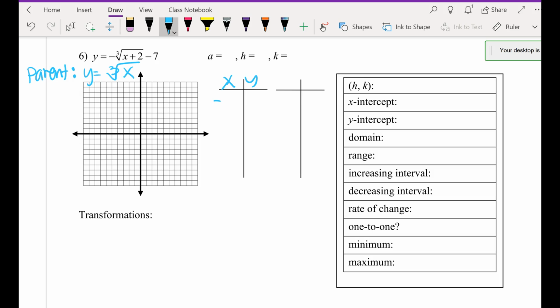So, all 5. So for the parent, what are the 5 inputs and outputs? So do you mean like the second one? No, for the parent, for this one right here, Matt. This is the parent. I would like to have a table for the parent function before we transform it.